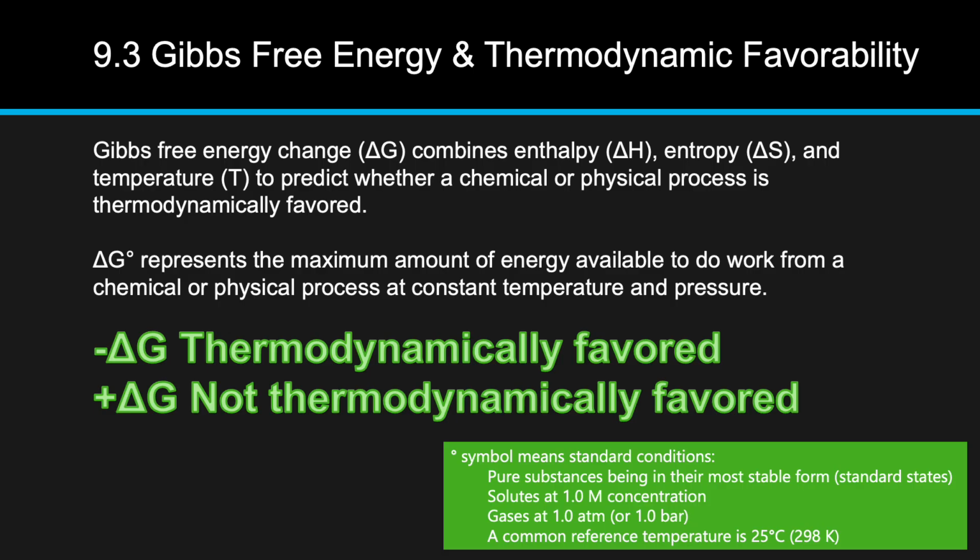Delta G represents the maximum amount of energy available to do work from a chemical or physical process at a constant temperature and a constant pressure. So if we have a negative delta G, that tells us that the reaction is thermodynamically favored. If we have a positive delta G, that means the reaction is not going to be thermodynamically favored.